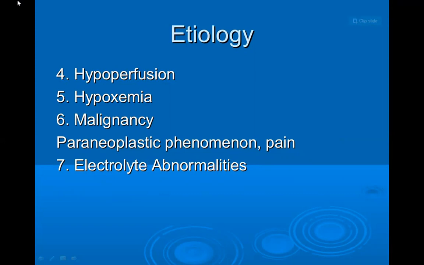Then next is electrolyte abnormalities. How do they affect the function of the brain? When the level of electrolytes increases or decreases, it affects the function of the brain. For example, if the sodium, calcium or magnesium level increases or decreases, it affects the function of the brain.